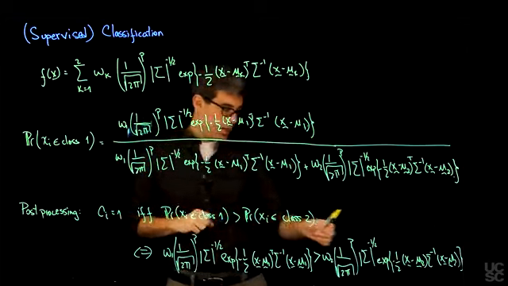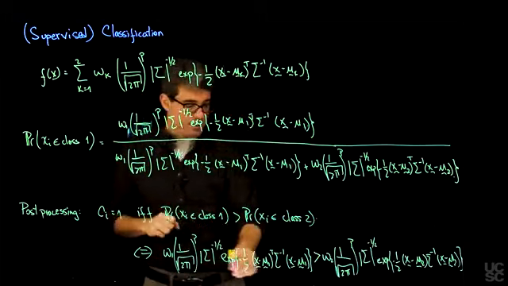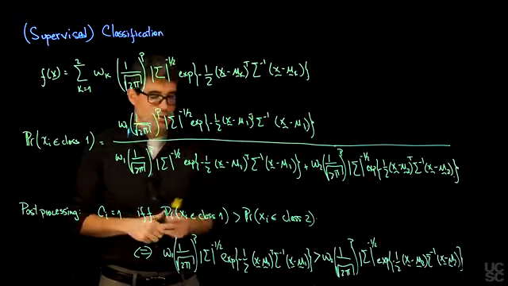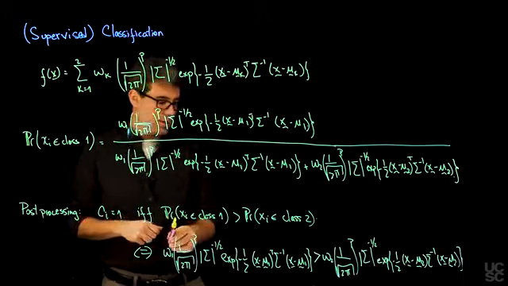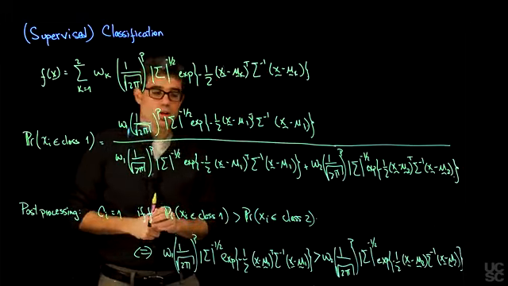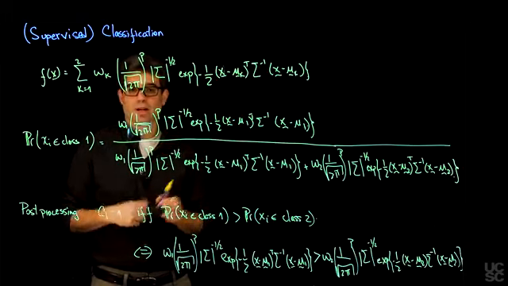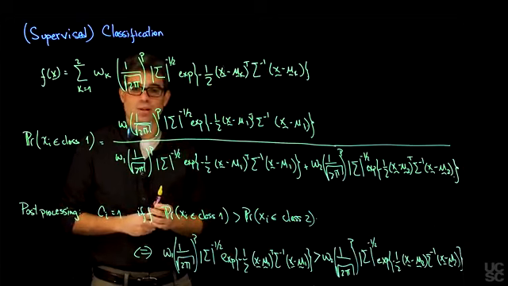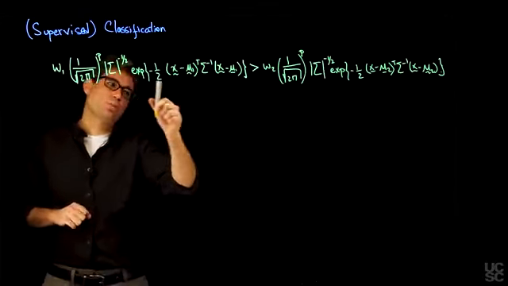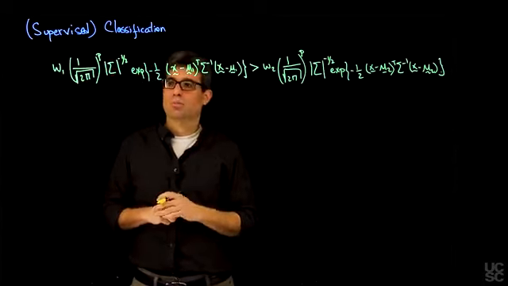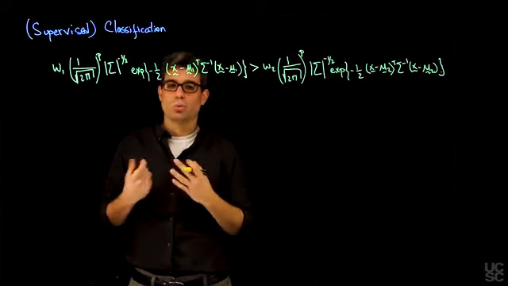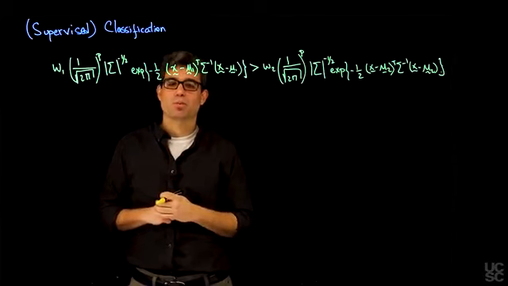So let's do a little bit of algebra, and let's try to simplify this expression a little bit. And we will see that that simplification leads to a very nice expression that matches exactly what you get out of linear discriminant analysis. So now we want to simplify this expression that corresponds to the situation where we're going to label an observation coming from class 1.